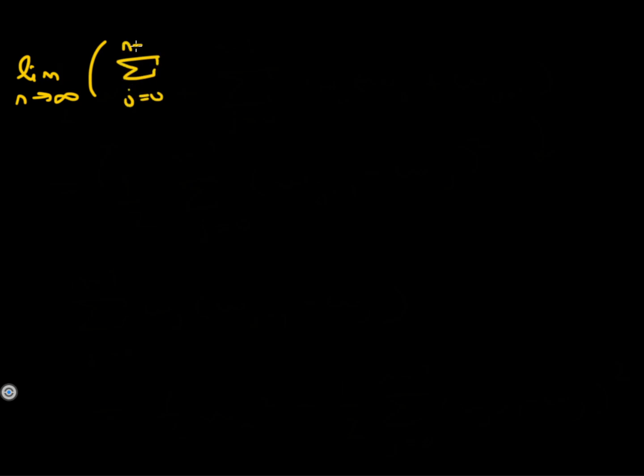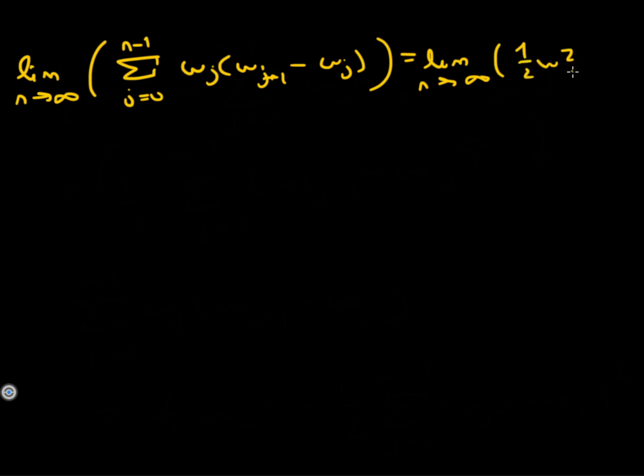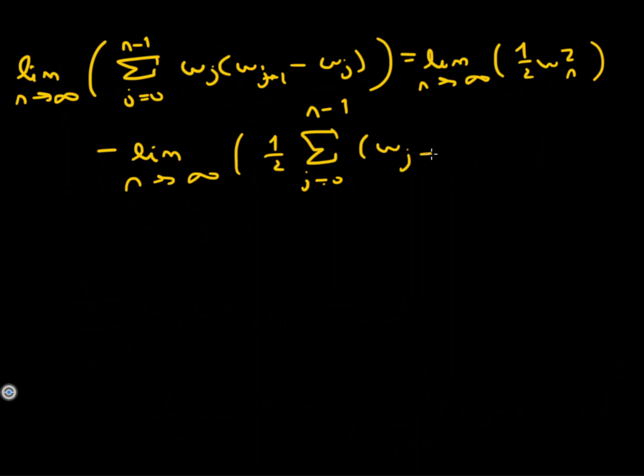Now you'll see how this is quite useful, because now that we have this equal to the limit as n tends to infinity of 1 over 2 wn squared minus the limit as n tends to infinity of 1 over 2 the sum from j equals 0 to n minus 1 of wj plus 1 minus wj squared.